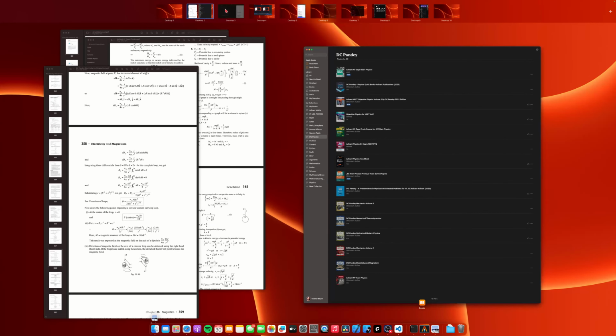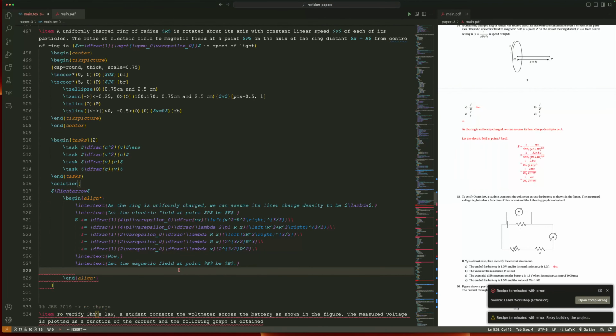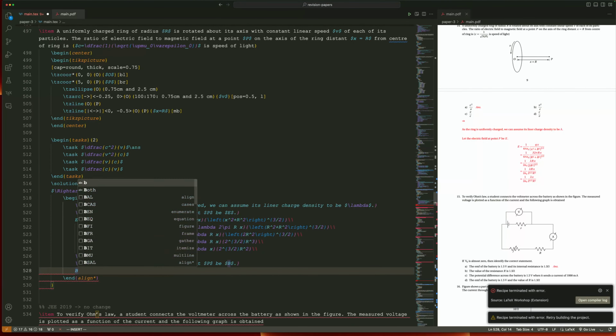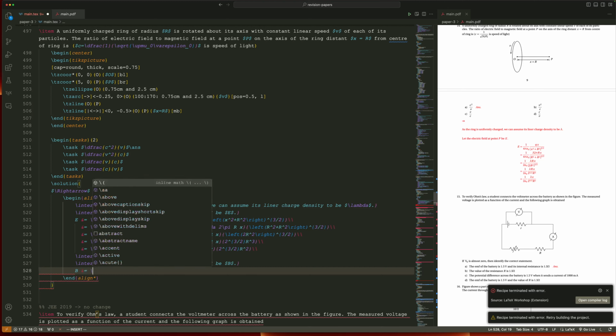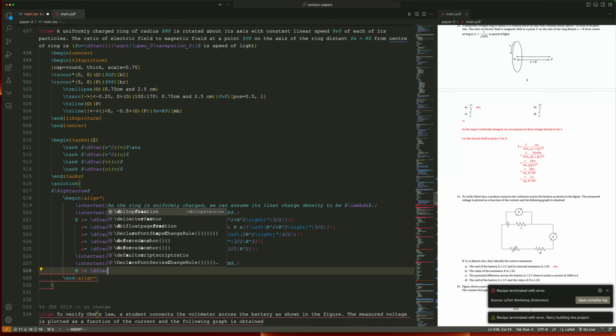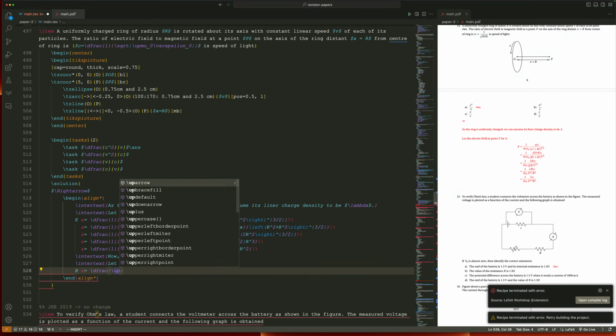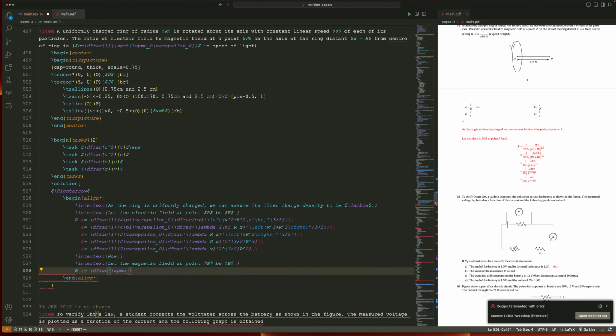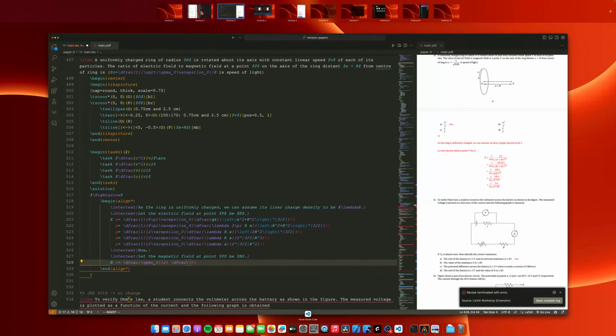So let's use B is equals to dfrac. So mu naught by 2, and then again we can use dfrac, and inside the dfrac IR square.